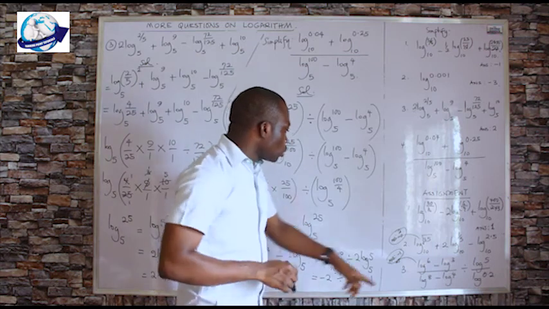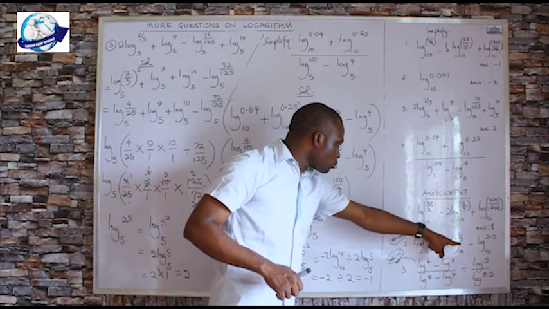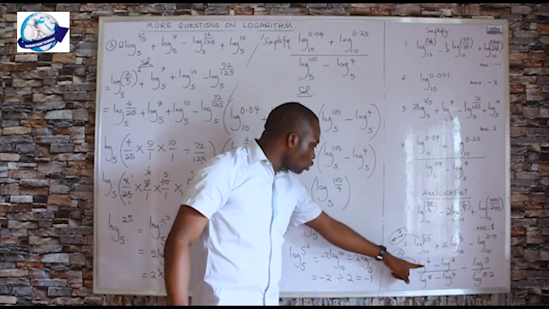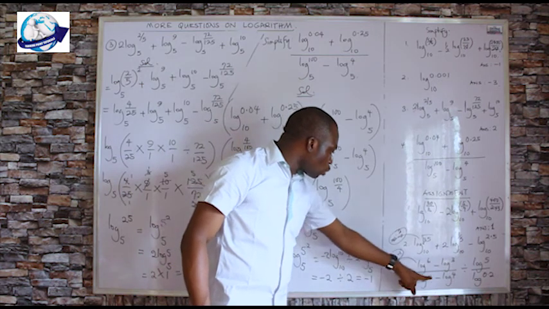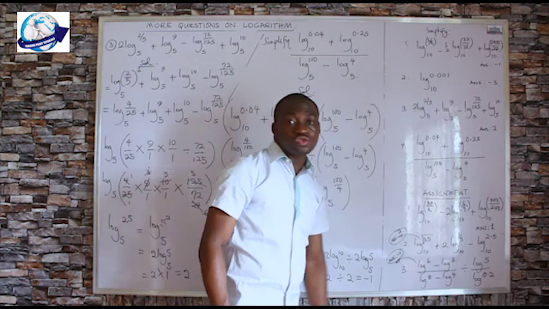Then this is log root 35 plus 2 log 1 over 5 minus log 2.5 all in base 10. Then this is log 6 minus log 3 all over log 8 minus log 4, divided by log 5 all over log 0.2.